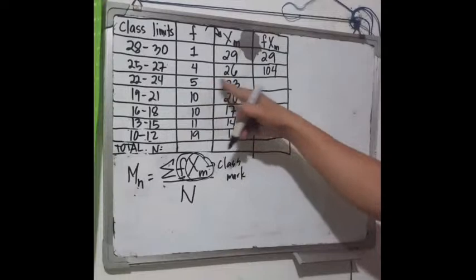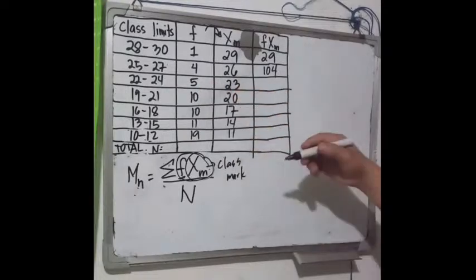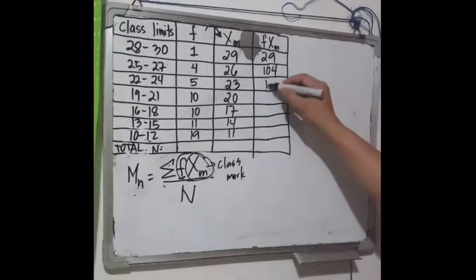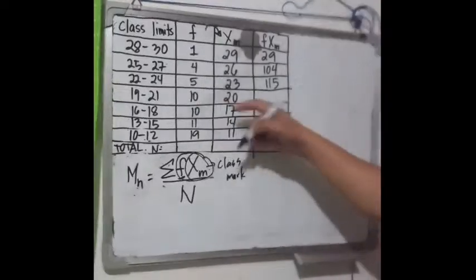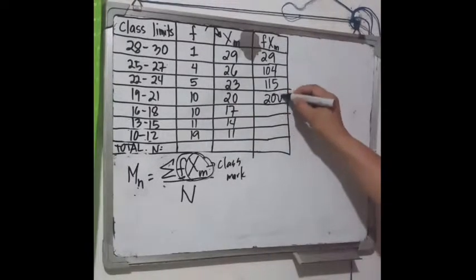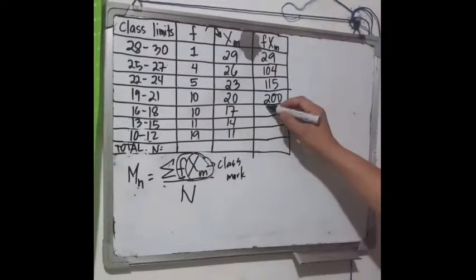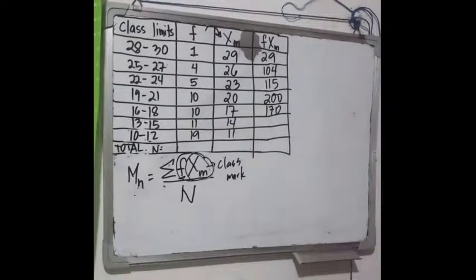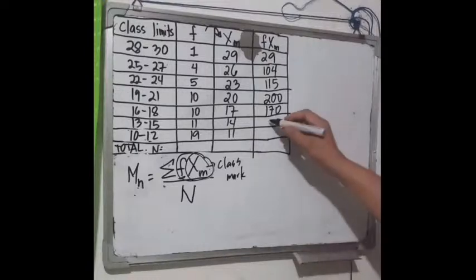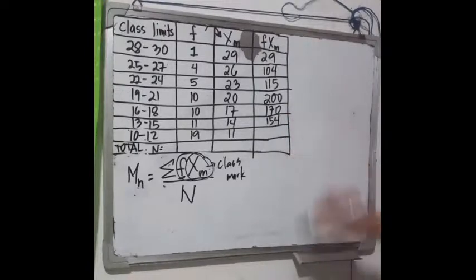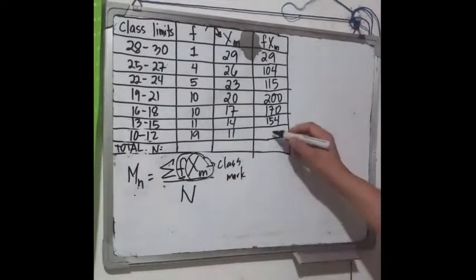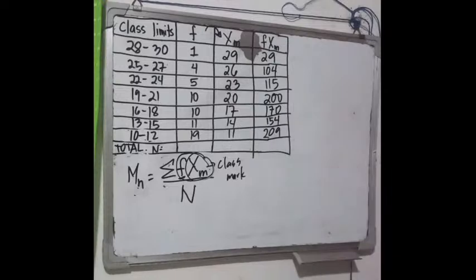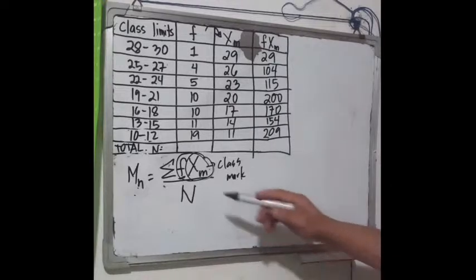Okay. 5 times 23, that is 115. And this one 200, and this one 170. 11 times 14, that is equivalent to 154. 19 times 11, that is 209.